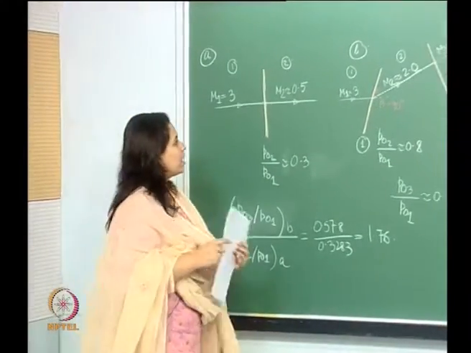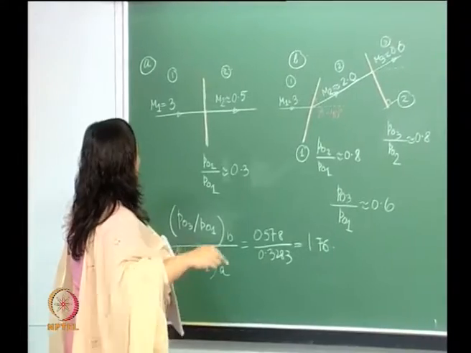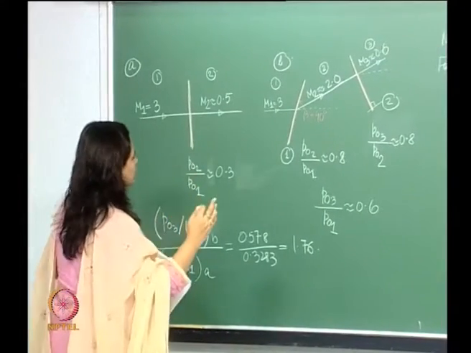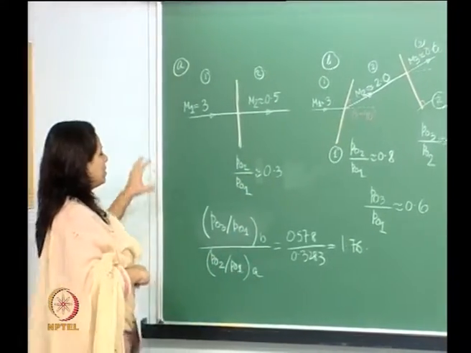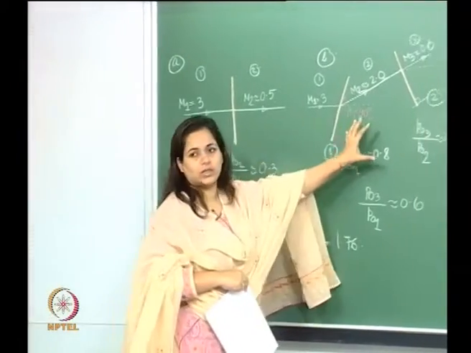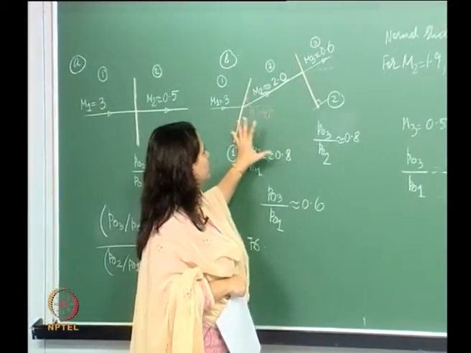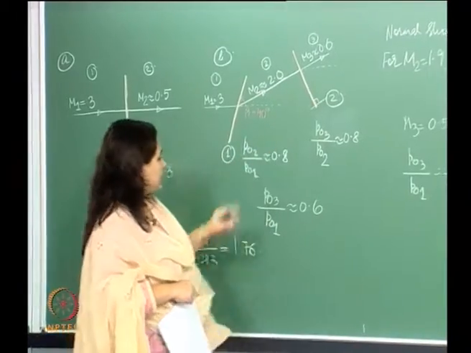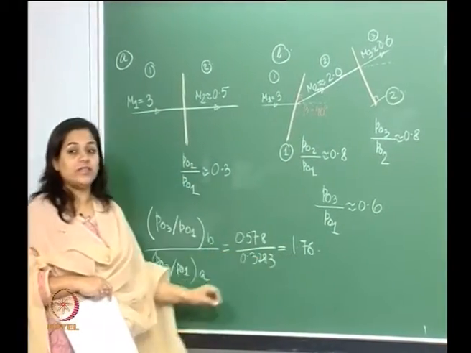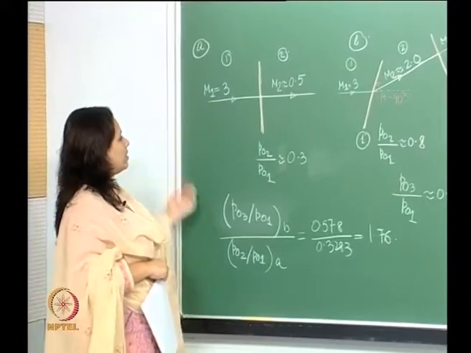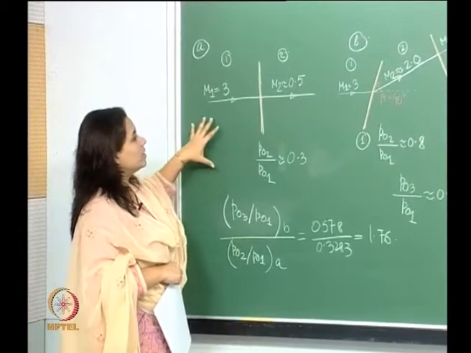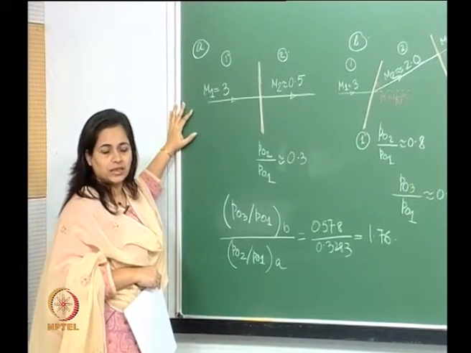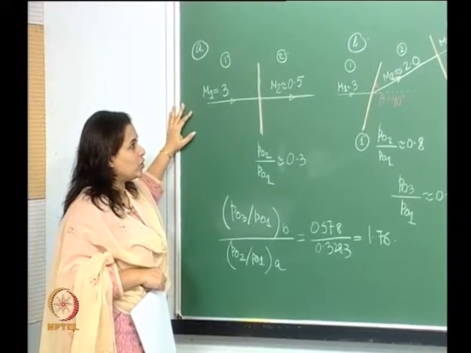So what we can say here is that the total pressure for this shock structure, right after it has crossed both these shocks, is 76% more than what it is in case A. Right. Now, is that a good thing or a bad thing?